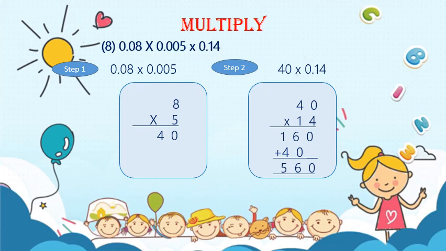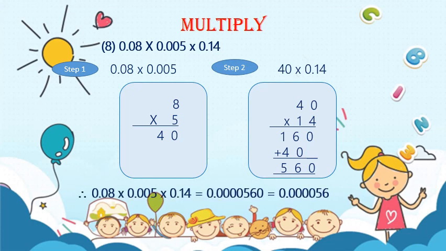So our product should have 7 decimal places, but in our product we have only 3 digits, 560. So what we have to do, we have to put 4 zeros before 5, and before them we will put the decimal point. So our product will be 0.0000560, right?